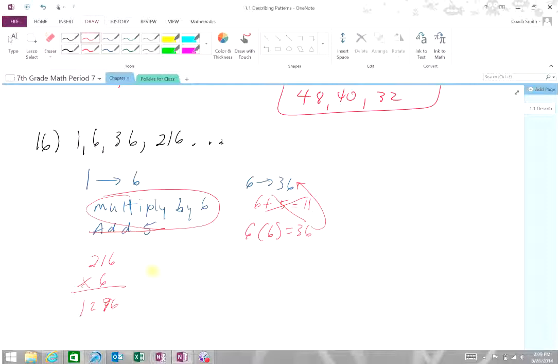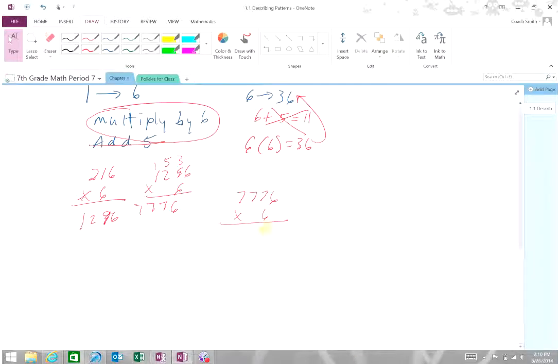Now, to figure the second one, I have to take 1,296 and multiply it by 6. So that is 6, carry my 3. That is 7, carry my 5. That is 12, be 17, carry my 1. 6 times 1 is 6, plus 1, 7. So 7,776. That's your second number. Times 6.